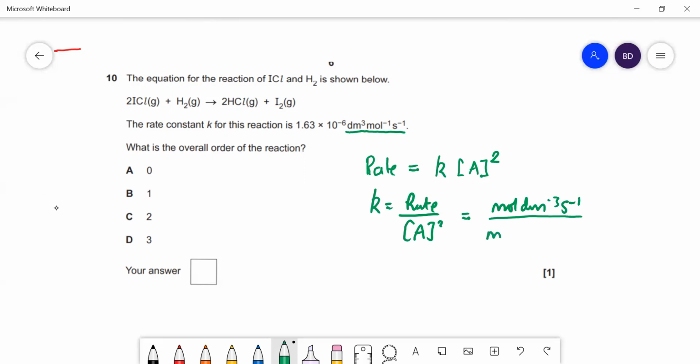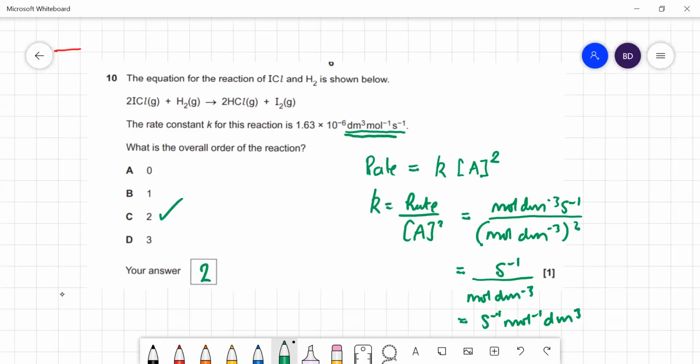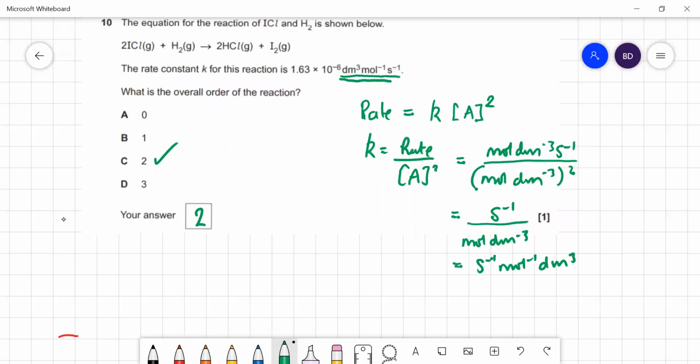Concentration of A is mole per decimeter cubed, but of course that is squared, so one of those will cancel out, so we get second to the -1 over mole per decimeter cubed. Bring that up to the top line, you get second to the -1 mole to the -1 dm to the +3, which is the units we've got there. So it is second order overall. You can tell the answer from the units there.